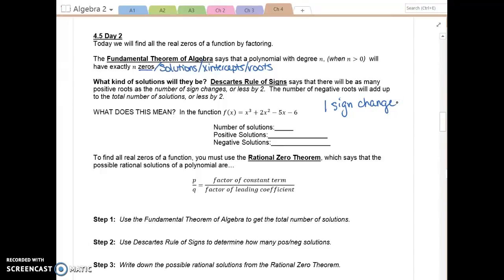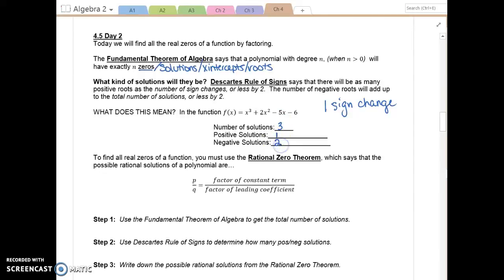The number of sign changes indicates how many positive solutions there are going to be. So since there's one sign change, there's going to be one positive solution. How many solutions total are there going to be in this particular polynomial? 3. So if one of those solutions is positive, how many negative solutions are there going to be? 2.